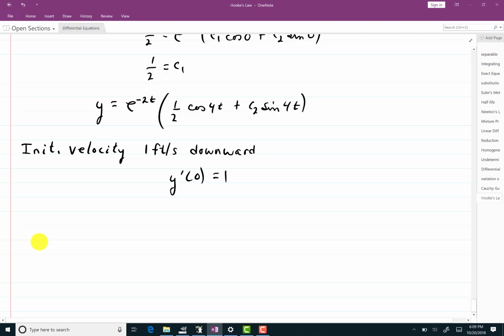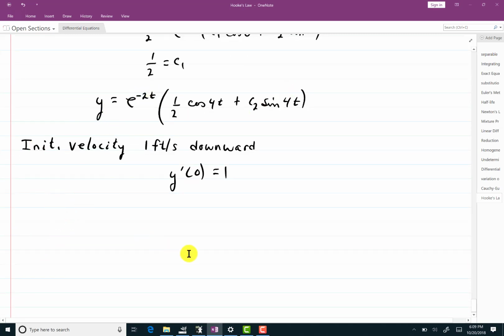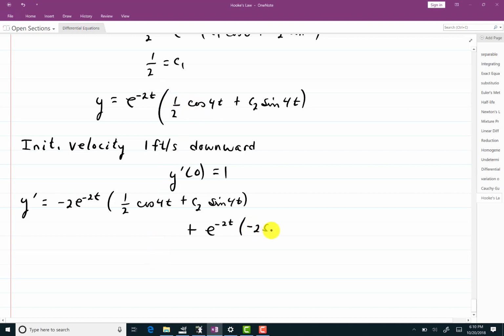Well, let me go ahead and take the derivative of all this stuff. y prime equals, start with this stuff out here, negative 2e to the negative 2t, leave the inside alone, 1/2 cosine of 4t plus c2 sine of 4t, plus e to the negative 2t. Now I'll take the derivative inside the parentheses, and I will get negative 2 sine of 4t. But then I'll get plus 4c2 cosine of 4t.